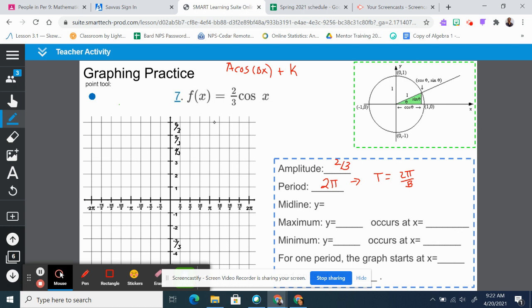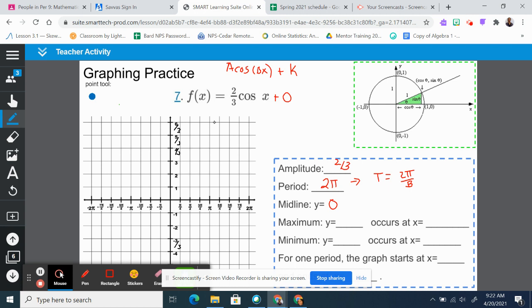And if k were negative, it would shift down by k. If we do not add a value, or if k is equal to 0, our midline is going to remain at 0. So by default, the cosine and sine functions have midline y equals 0. So we're going to just leave it 0 for now. Or if it drives you crazy, you can put plus 0 to help you envision why we're using 0.